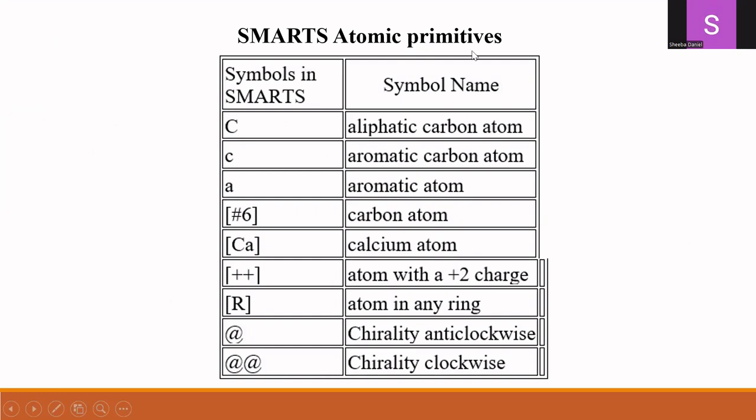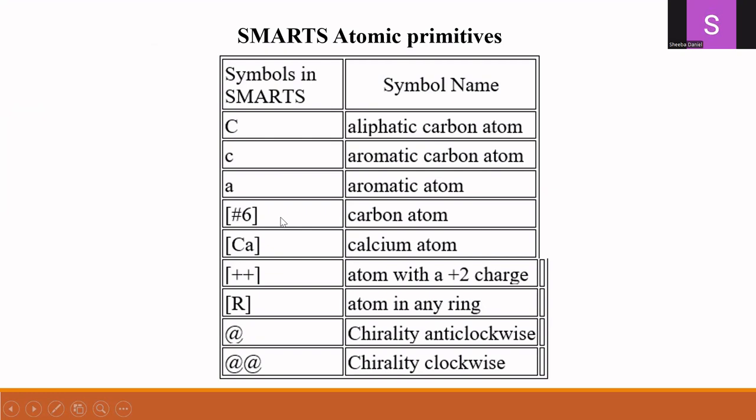SMARTS atomic primitive symbols and symbol names. Capital C represents aliphatic carbon atom. Small c represents aromatic carbon atom. Small a represents aromatic atom.